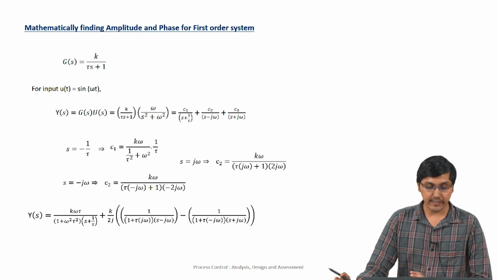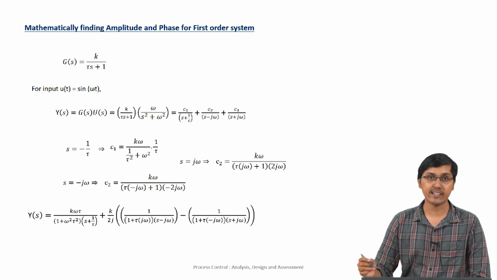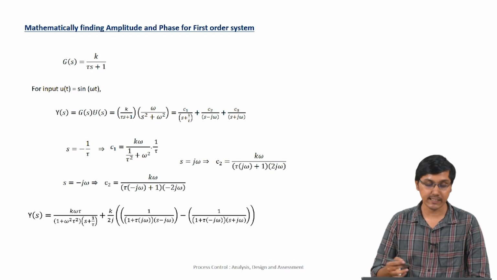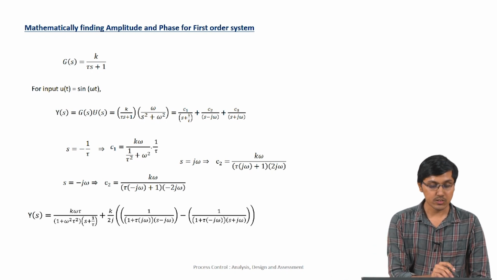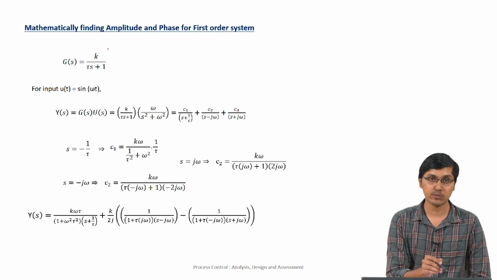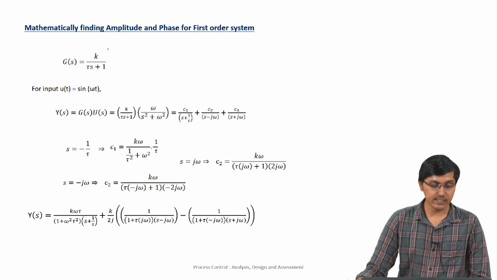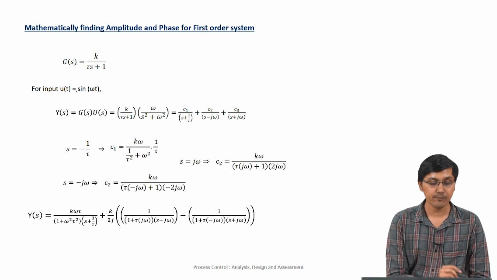Coming to mathematically putting everything together, let us see what exactly this phase lag is and how we can mathematically represent it. That is what we are going to see now. This is the first order system. Generally we say a first order system is K by tau s plus 1. We are giving the input as u(t) equal to sine omega t.